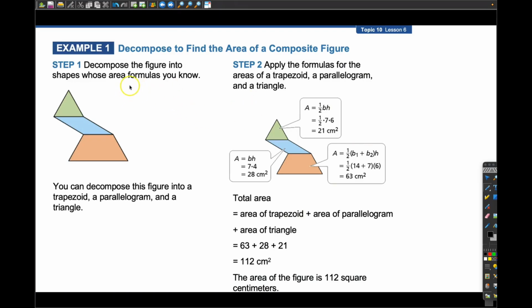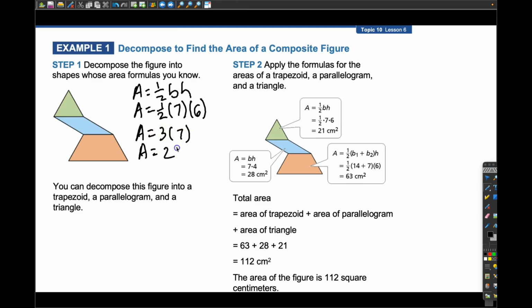So for the triangle, A equals 1/2 BH. I said the base was 7 and the height was 6. A equals 1/2 of 6 is 3 times 7. A equals 3 times 7 is 21.